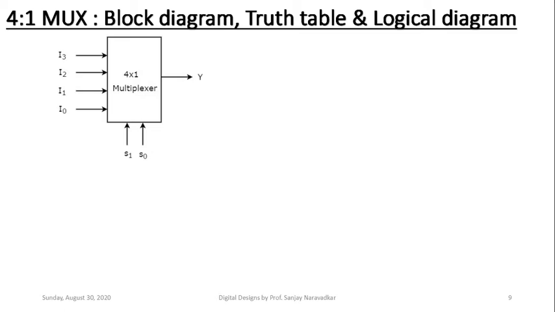It means that my first input I0, I may show it at the top, subsequently followed by I1, I2 and I3 can be at the bottom. Okay, so inputs will be connected from the left side and output is shown on the right side, output Y. Of course, any variable can be used to define that inputs and outputs here.